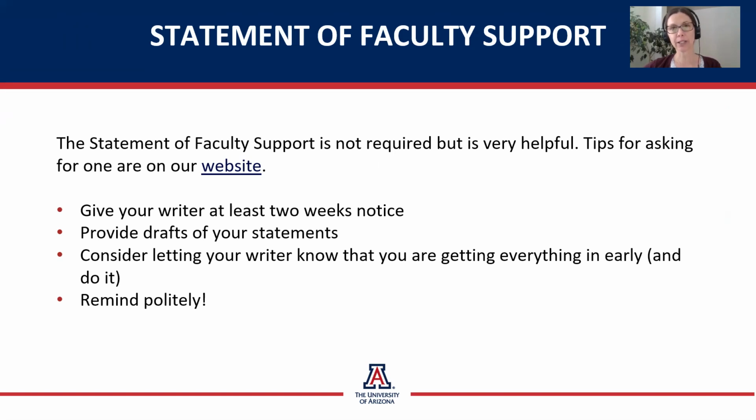Faculty have so much work on them, and these can be things that are pushed to the side. So it is a problem getting letters, and I've known several students, even for bigger grants, whose applications haven't been reviewed because of missing letters. So get in the habit of just being really helpful to your writers for writing these letters.